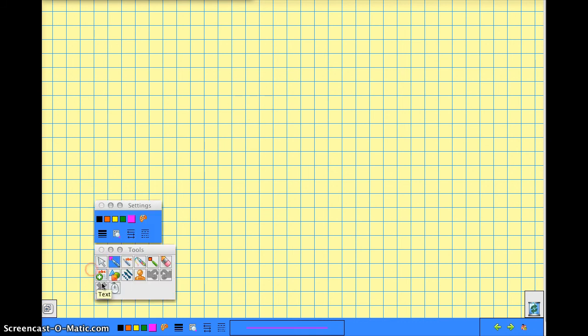So if I get out a piece of graph paper and I were to graph this, understand this being the y-axis and this is the x-axis, the parent function is y equals the absolute value of x.